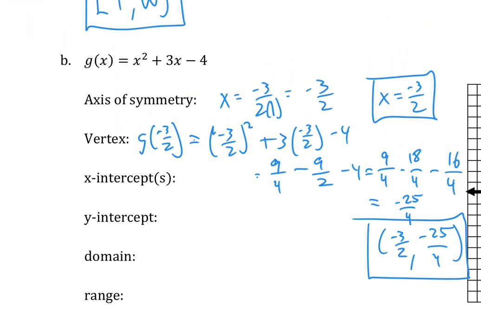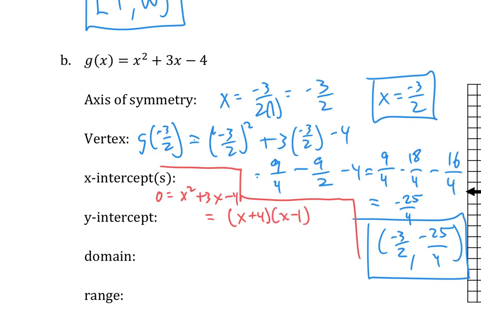We can find our x-intercept by plugging in 0 for y. So 0 equals x squared plus 3x minus 4. Does that factor? Let's see. How about two things that add to 3 and multiply to negative 4? That would be x plus 4, times x minus 1.